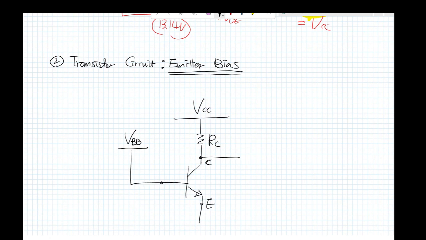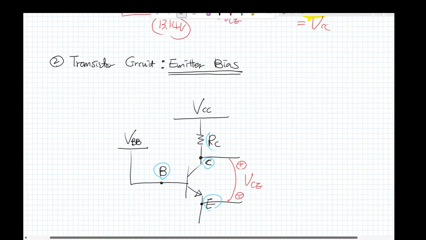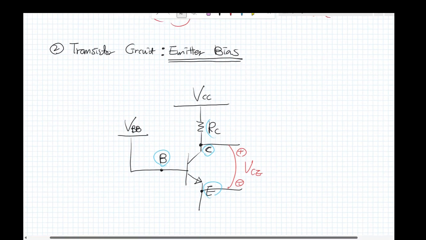That was B here. Okay, that was B. That is C. This is E here, and that part plus minus V sub CE. But for this case there is one difference compared to the base bias. They had the resistor.